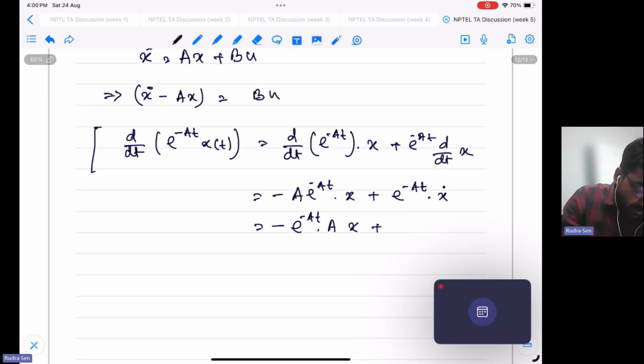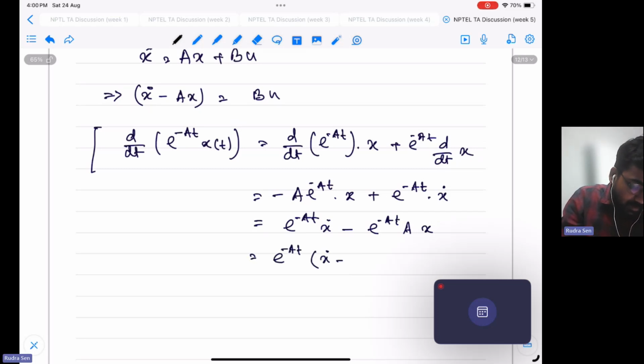So we get e to the power minus At x dot minus e to the power minus At Ax. So e to the power minus At times x dot minus Ax.